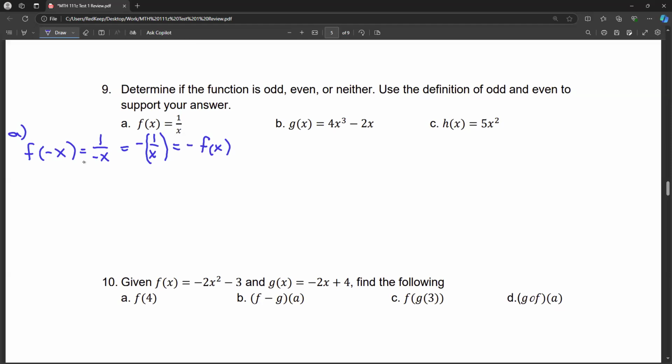So here we observed that f of negative x is equal to negative f of x. So this implies that the function f of x is odd. This is the definition of an odd function.